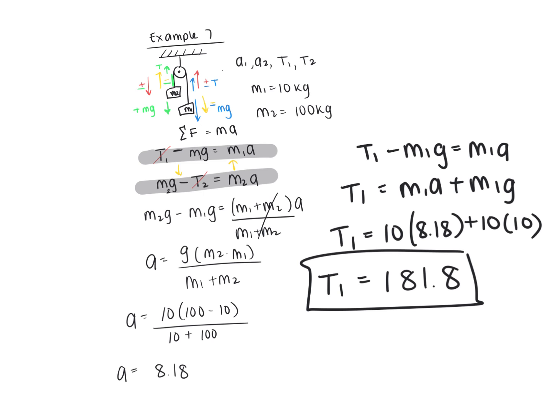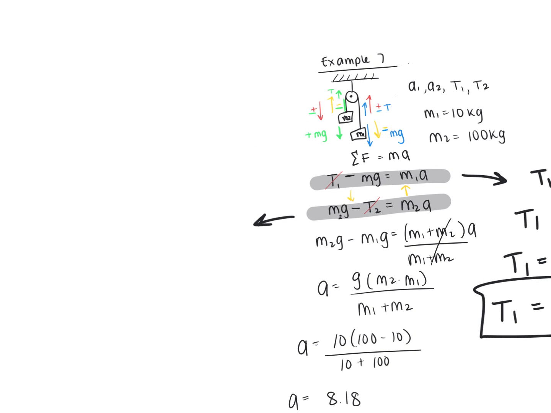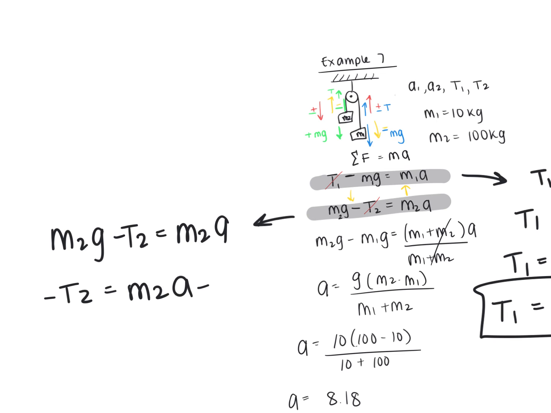And we can take the same steps to solve T2. So m2g minus T2 equals m2a. We can do negative T2 equals m2a minus m2g.